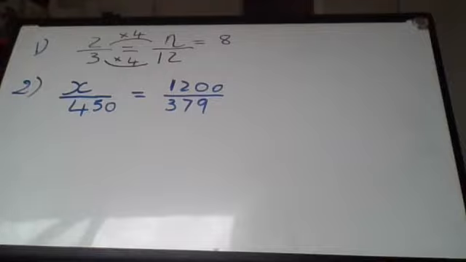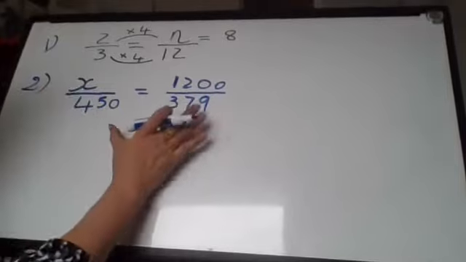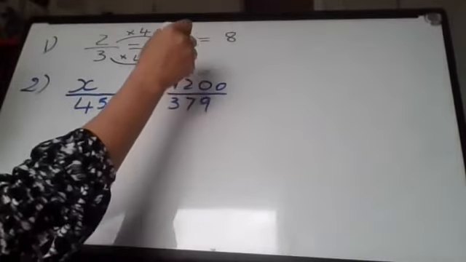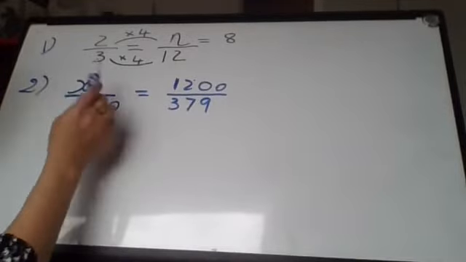And with that method, when you solve for the unknown number in the ratio, make sure you know three numbers, 1, 2, 3, and you only have to find one unknown.